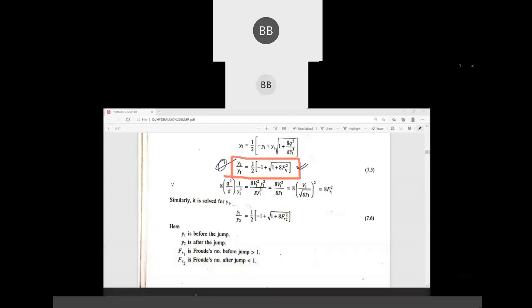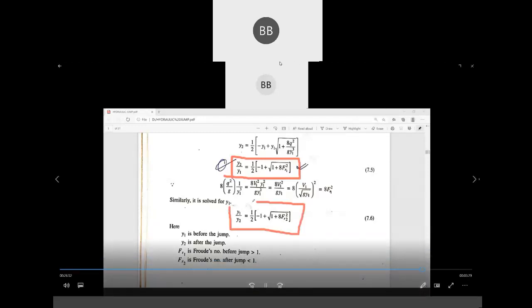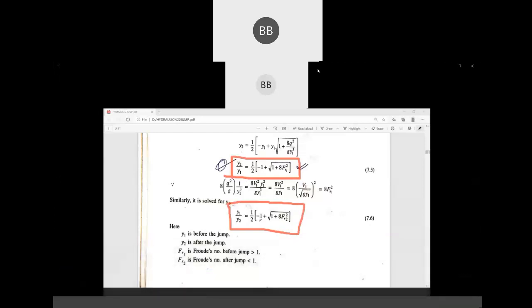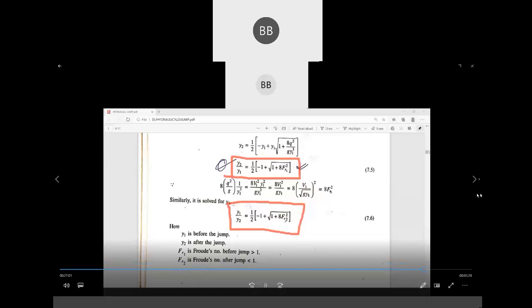Or if you write y1 by y2, it's half into minus 1 plus root over 1 plus 8 Fr2 square. So these are the two relations between the y1 and y2 values.